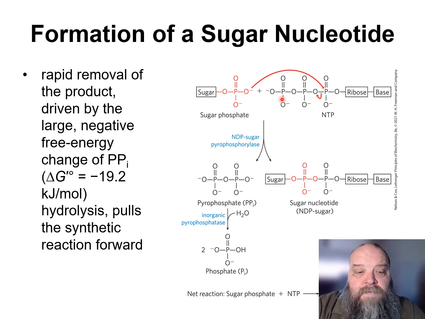Beta and gamma phosphates are going to be released. This oxygen is going to attack that phosphate in this phosphate group. So now you have a nucleotide diphosphate, there's the NDP, and then the sugar moiety added on there.